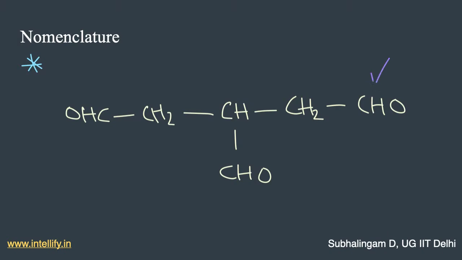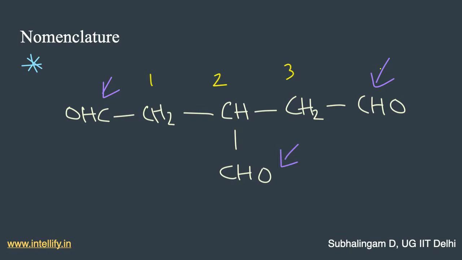The problem in this is that we have 3 aldehyde groups, and all of these are the same groups. We can't prioritize one over the other. That is, we can't say you get high priority, you get low priority, no. So to get rid of this problem, we only consider the middle 3 carbons in the main chain, and so we have the numbering 1, 2 and 3. You can actually go from right to left, it doesn't matter, but for now I have gone from left to right.